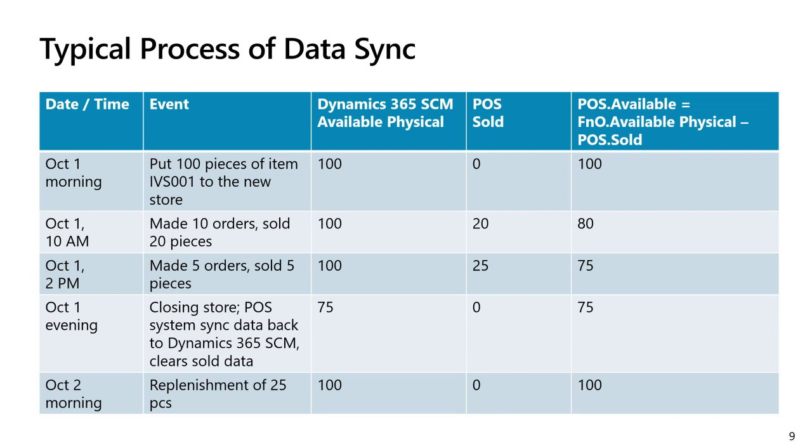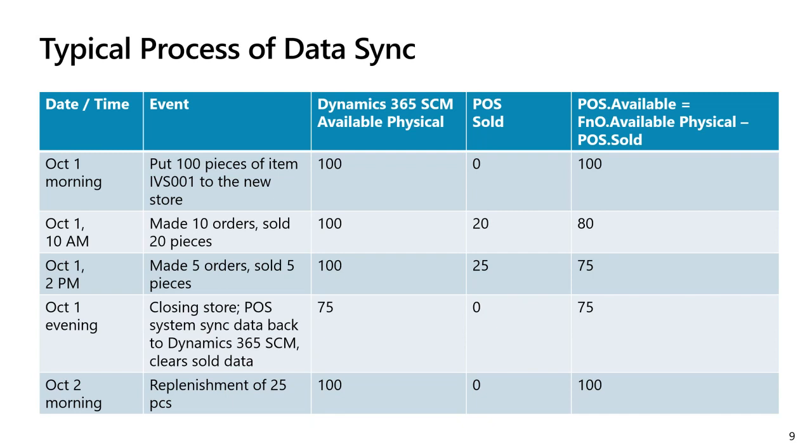In the evening, after they close the store, the POS system does 2 things. Firstly, it syncs the data back to Dynamics 365 supply chain management so that it knows there will only be 75 available physical, by updating the order status correspondingly.